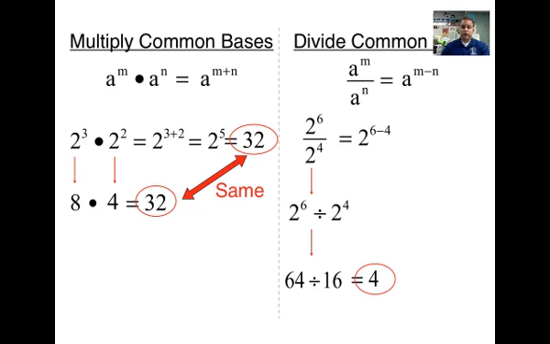If we use our exponents and go 6 minus 4, that gives us 2. 2 to the 2nd power means 2 times 2, which is 4. So you can see we get the same answer just like before, and it should make sense. If you're adding the exponents when you're multiplying, then you should subtract the exponents when you're dividing.